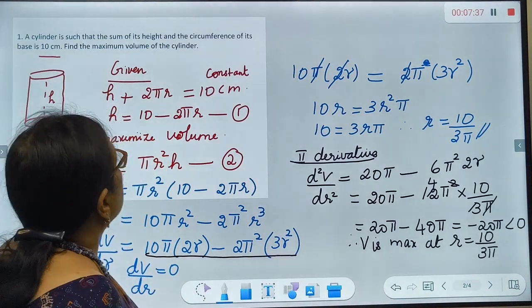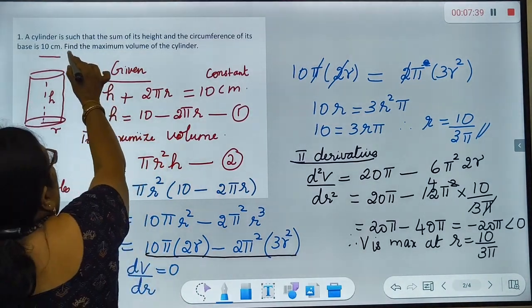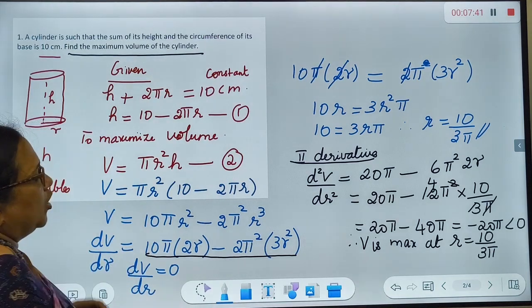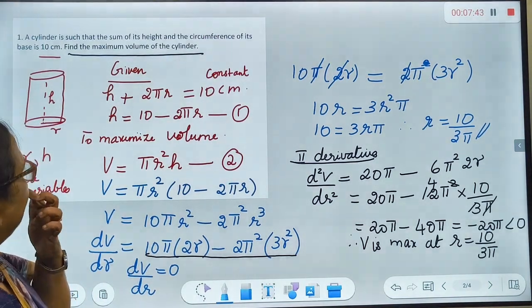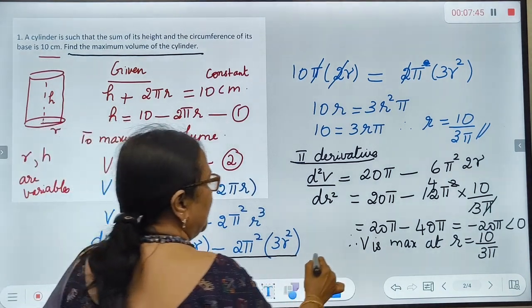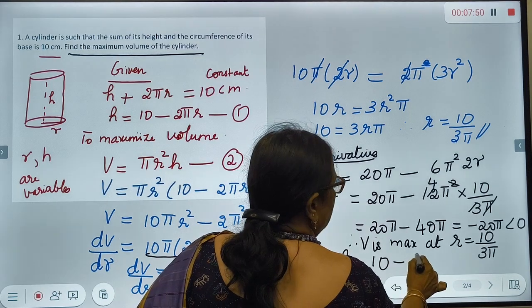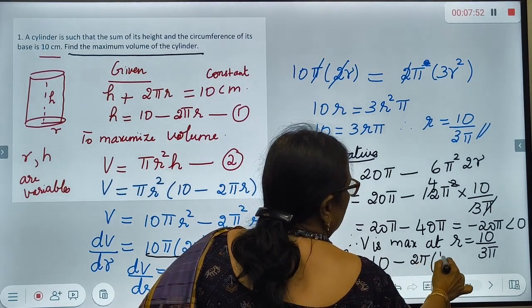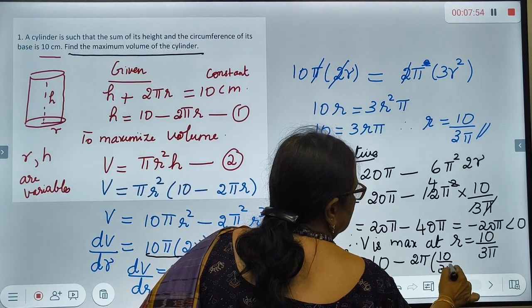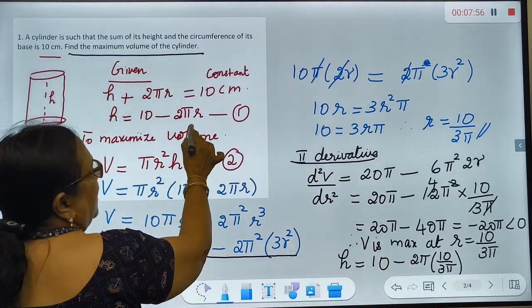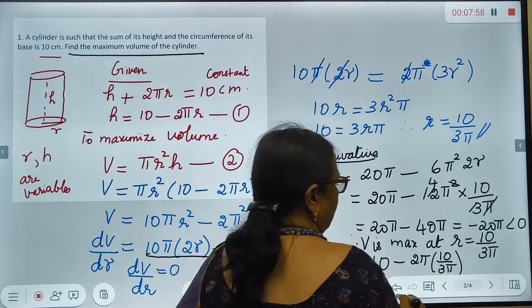The question is to find the maximum volume. So not only are we finding r and h, we have to find the maximum volume. What will be h? H will be 10 minus 2 pi into 10 by 3 pi, because for 2 pi r, I am substituting r as 10 by 3 pi.